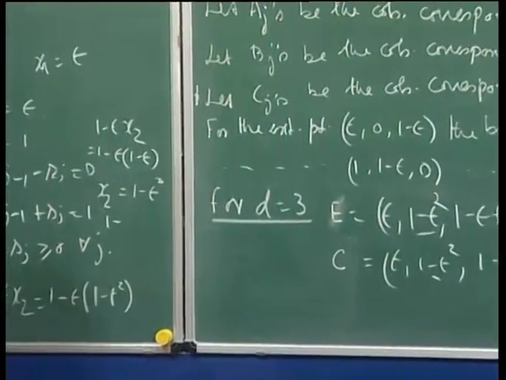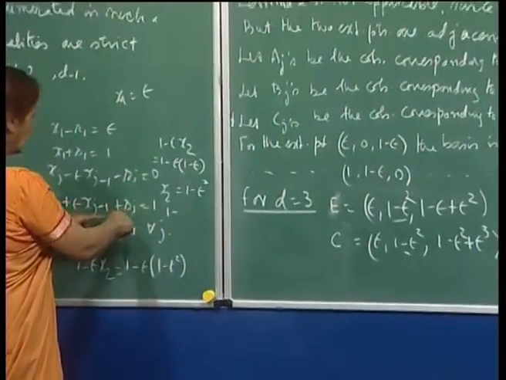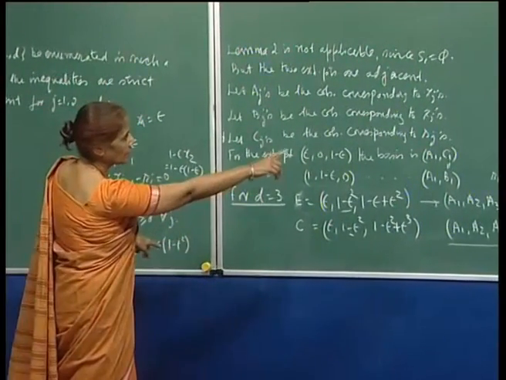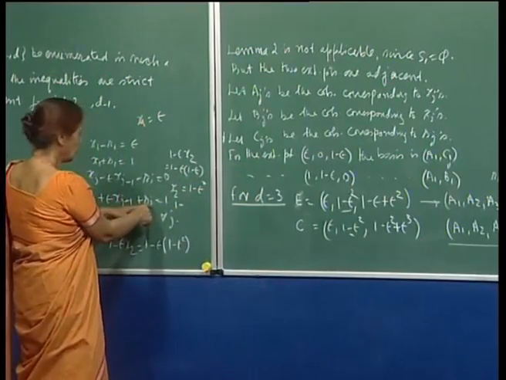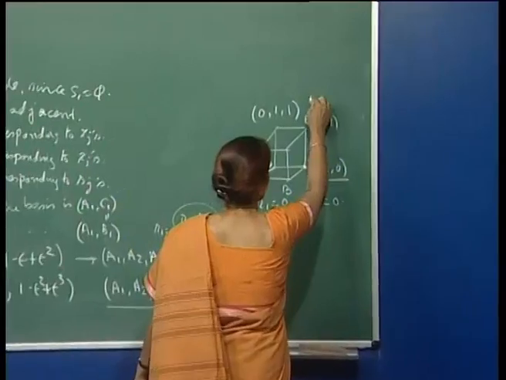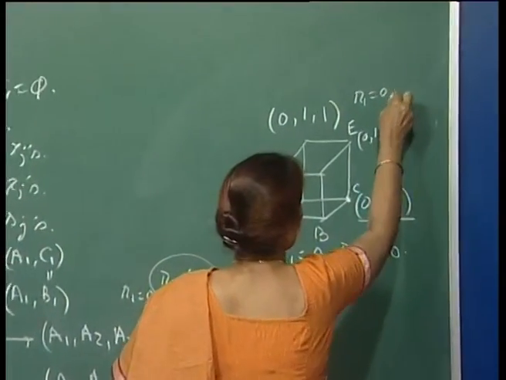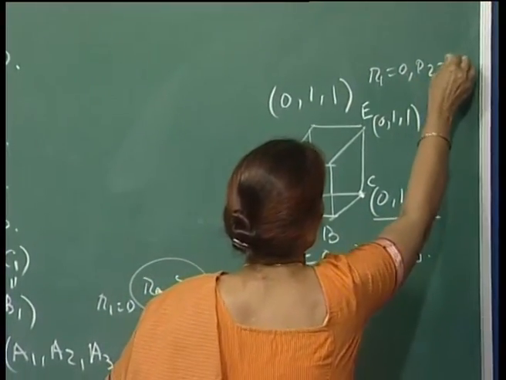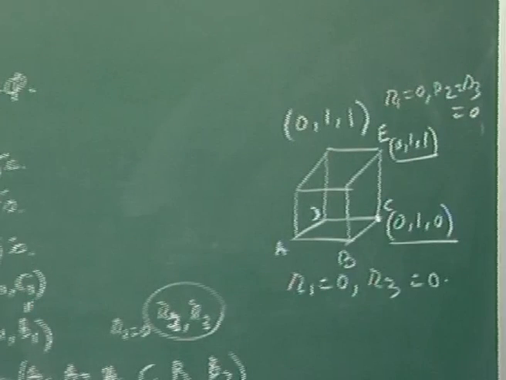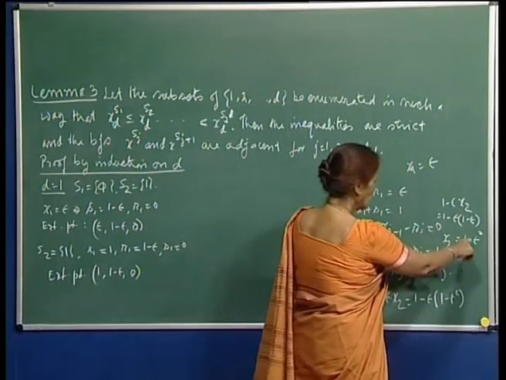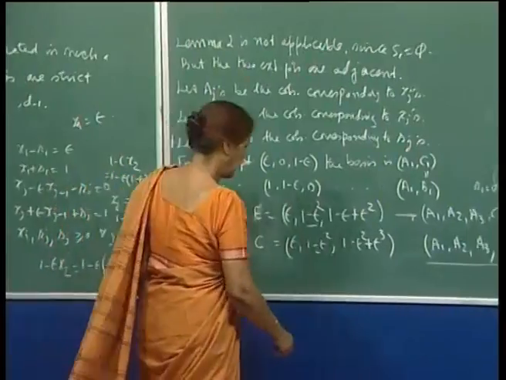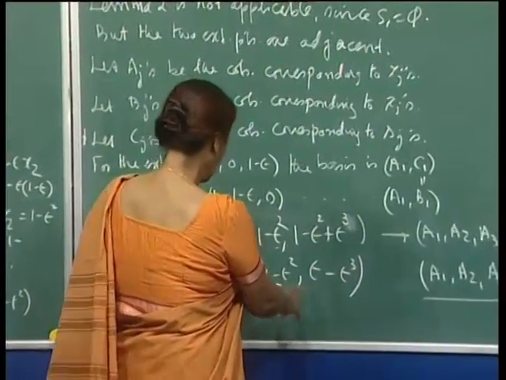And then the third one, when S3 is also 0, yes, because S3 is 0, for this one only R1 is 0, and then you have S2 equal to S3 is 0, right, for this point. Therefore, this will be 1 minus epsilon times 1 minus epsilon square. So, let us just go through these points.